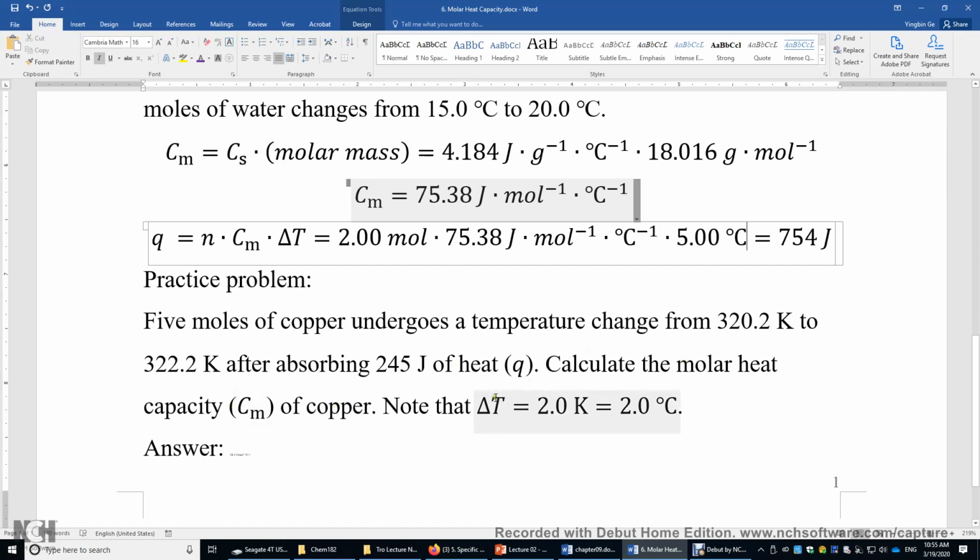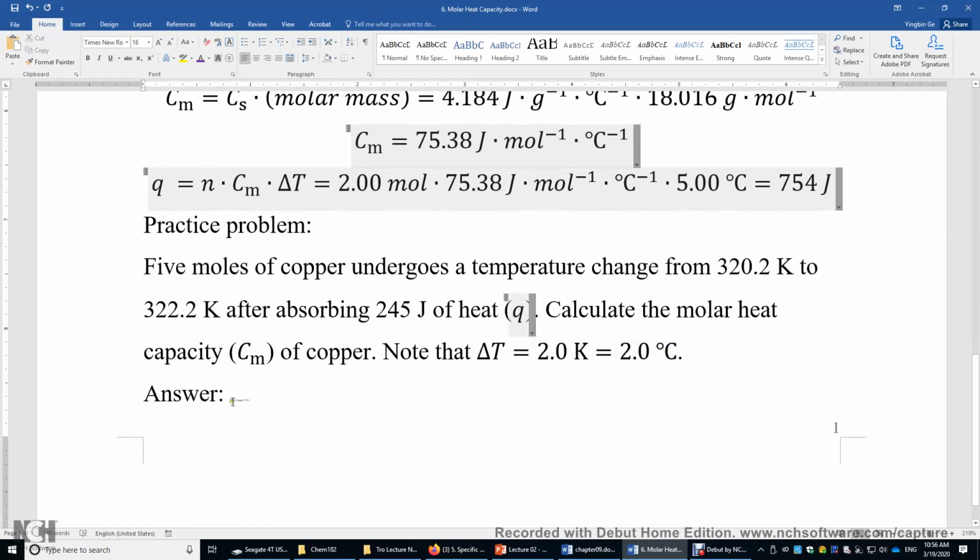Remember, delta T in Kelvin is exactly the same as delta T in degrees Celsius. So if delta T is equal to 2.0 Kelvin in this case, delta T is also equal to 2.0 in degrees Celsius.